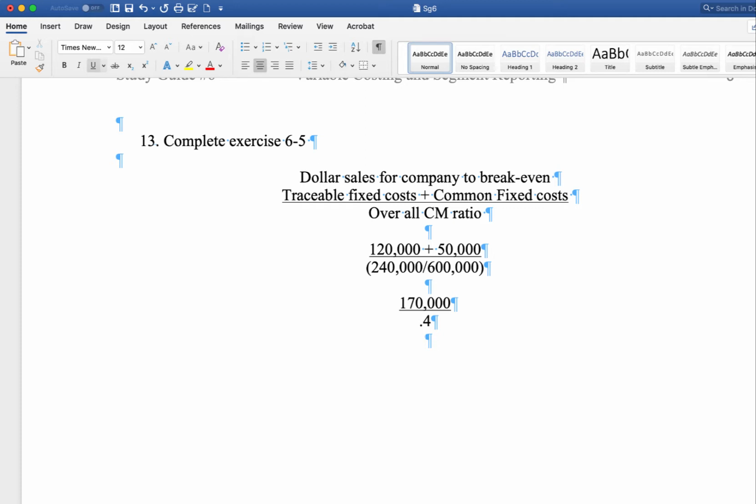That gives us $425,000. That's the sales dollars for the company to break even in total.